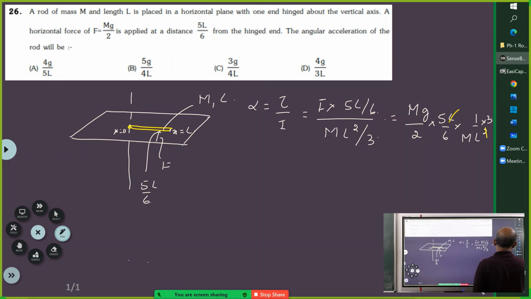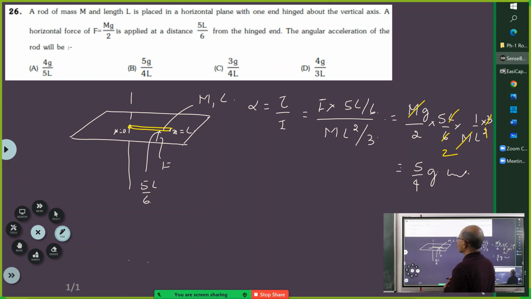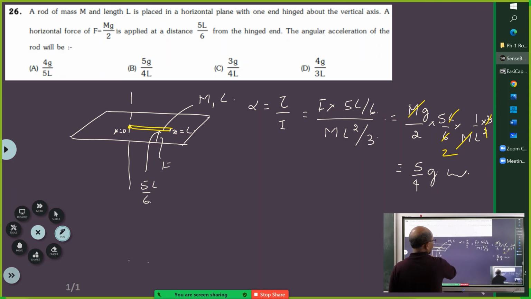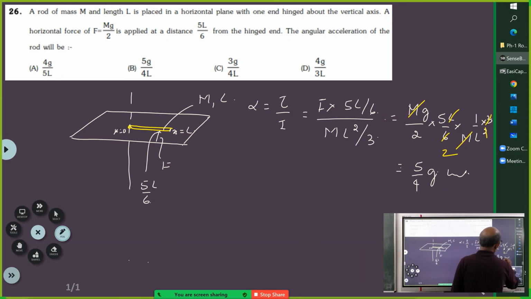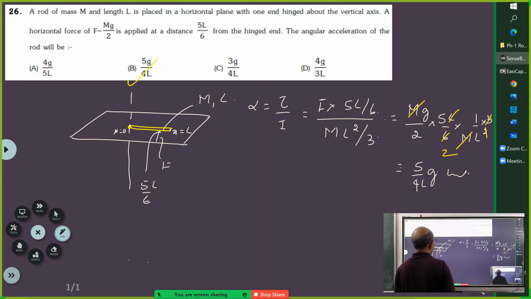So this l will go, this m will go, 3 ones are 3, 2 sixes remain. So you get 5 by 4 g by l as alpha. Yes, l also will be there, so 1 by l. So B will be the option.